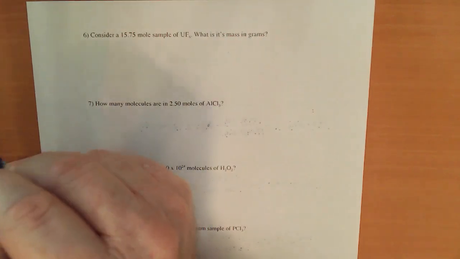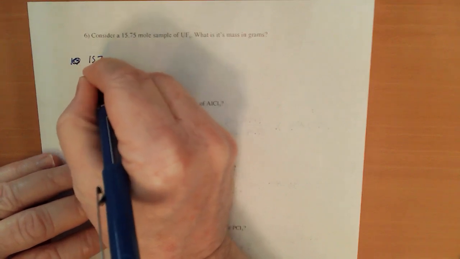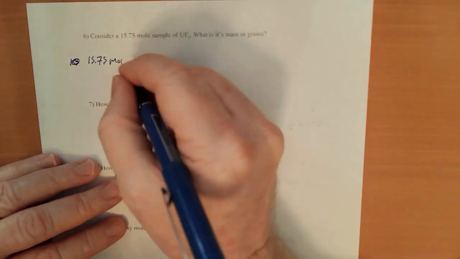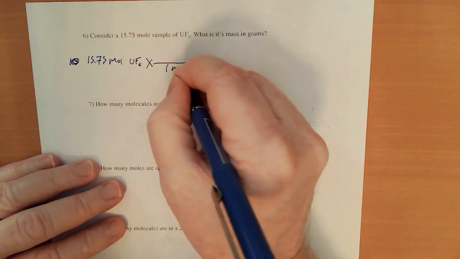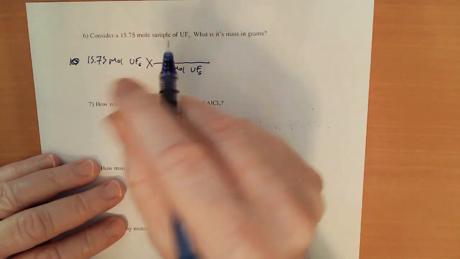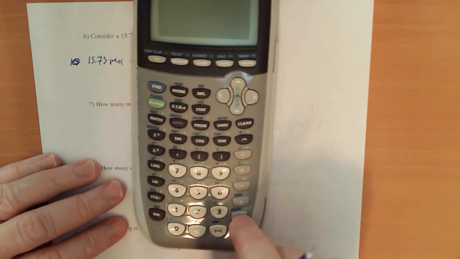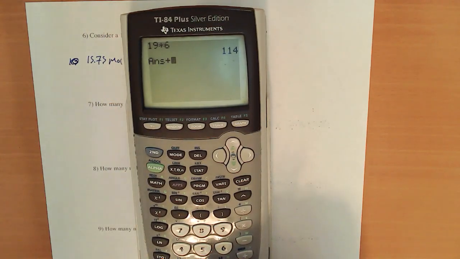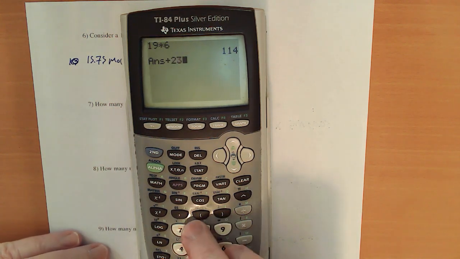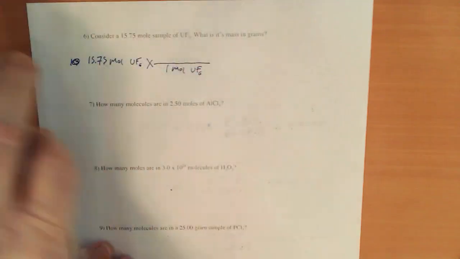All right, so now it's a big one, uranium hexafluoride. I have 15.75 moles of UF6 times 1 mole UF6, oh boy, 19 times 6, plus for the uranium I have 238.03 on my periodic table, 325.03.